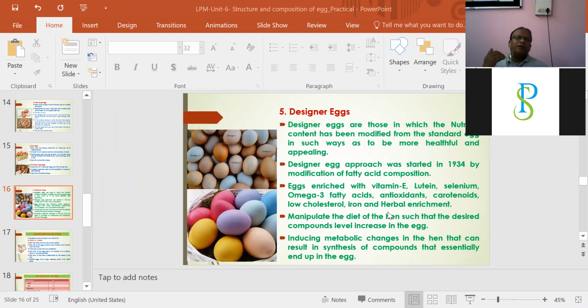For example, an egg rich in omega-3 fatty acids must be supplemented with linseed, flax seeds, canola seed, marine algae, or fish oil, which are rich in omega-3 fatty acid.